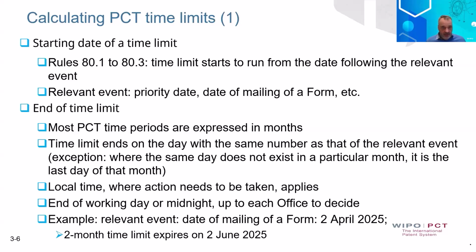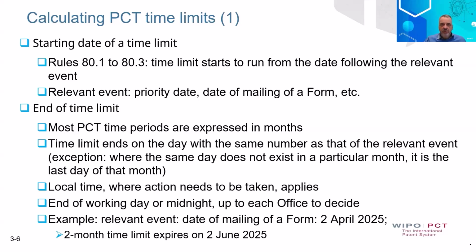And I included an example here of a relevant event, the date of mailing of a particular form. I use 2nd of April 2025, and then a 2 months time limit would expire 2 months later on the same number. So that's the 2nd of June 2025. Okay, so that all sounds a little complicated, but really in practice, it shouldn't be all that complex.